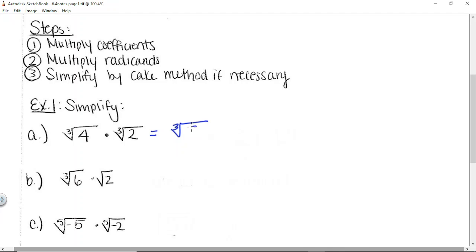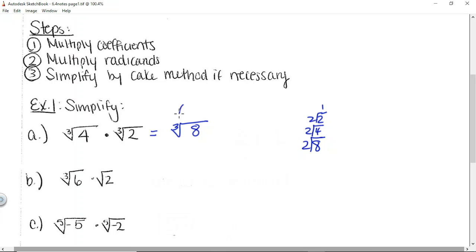So we have the cube root of 8. We might be aware of what that is, but if you're not, we can do a little cake here. Divide by 2, get 4. Divide that by 2 and get 2. Divide that by 2, and that's it.